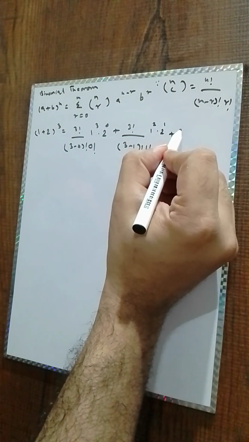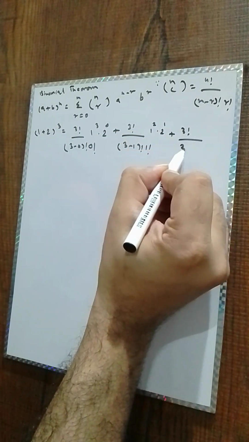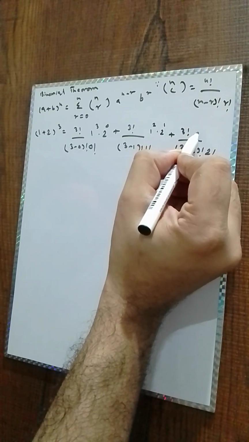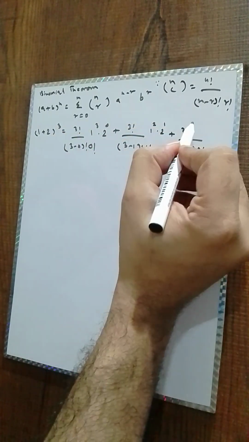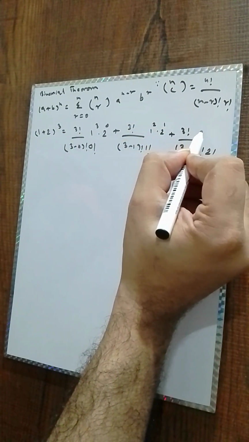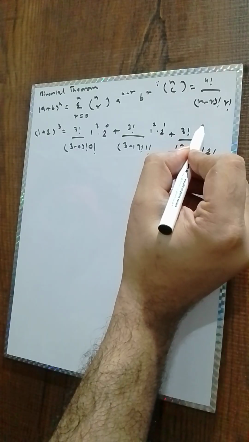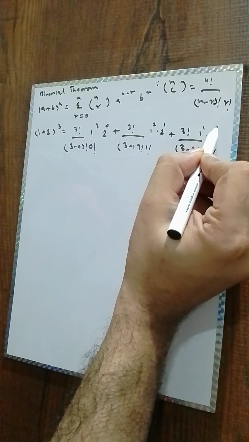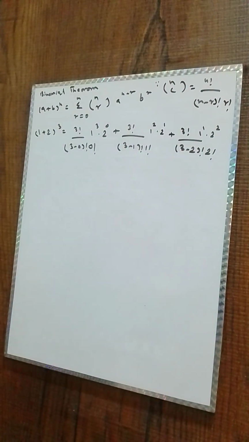Yes, and we go further. 3 factorial by 3 minus 2 factorial, 2 factorial, 1 to the power 1 and 2 to the power 2 this time.